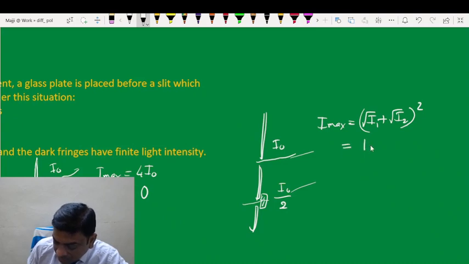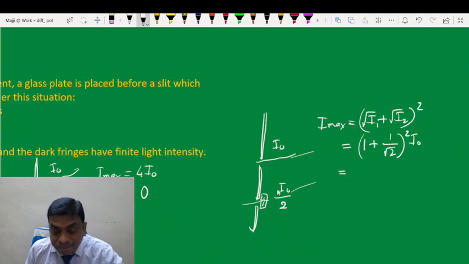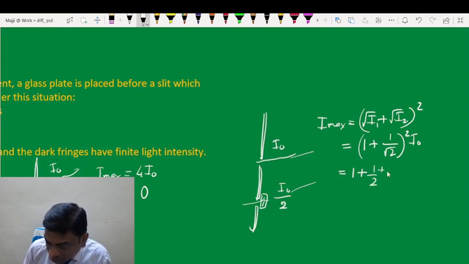So root 1 plus root half, whole square. If you expand this, it will be 1 plus 1 by 2 plus root 2, times I naught.